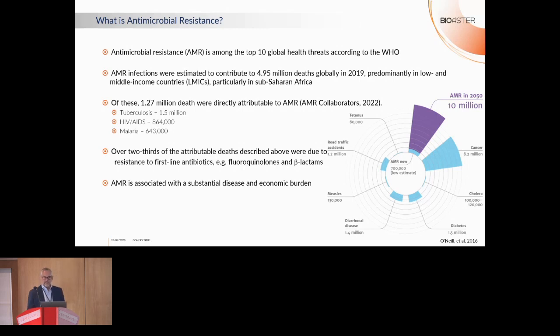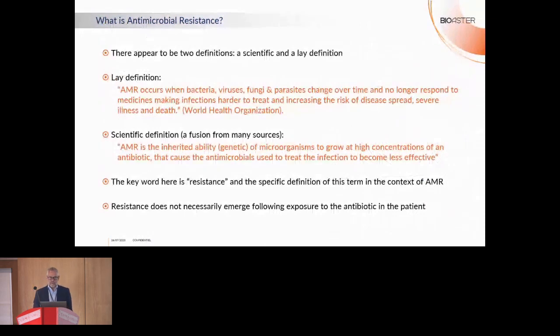Now, antimicrobial resistance has a definition problem. There appear to be two definitions. The lay definition is basically that bacteria, fungi, viruses, and parasites change over time and no longer respond to the medicines. But that's not strictly accurate.